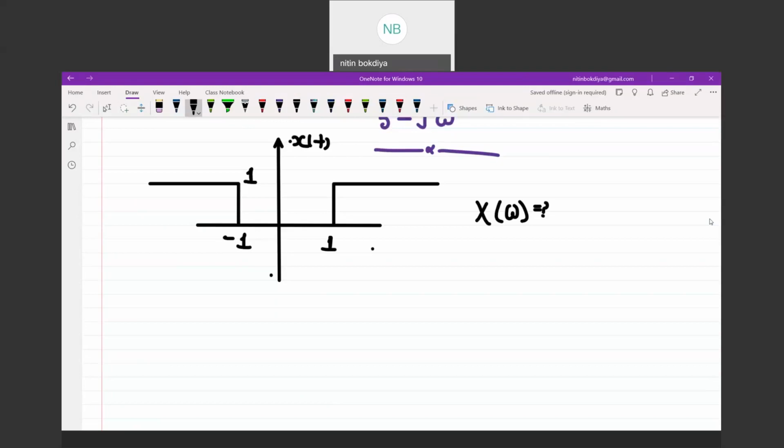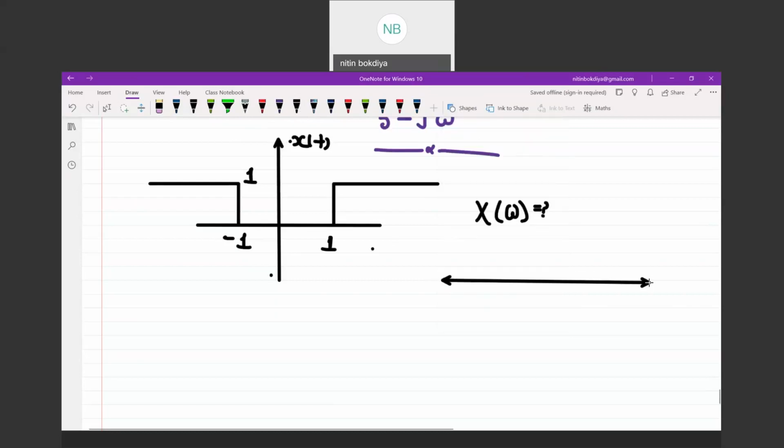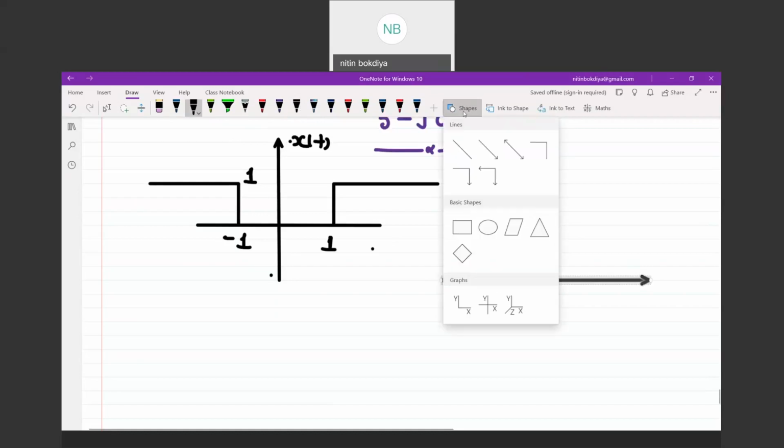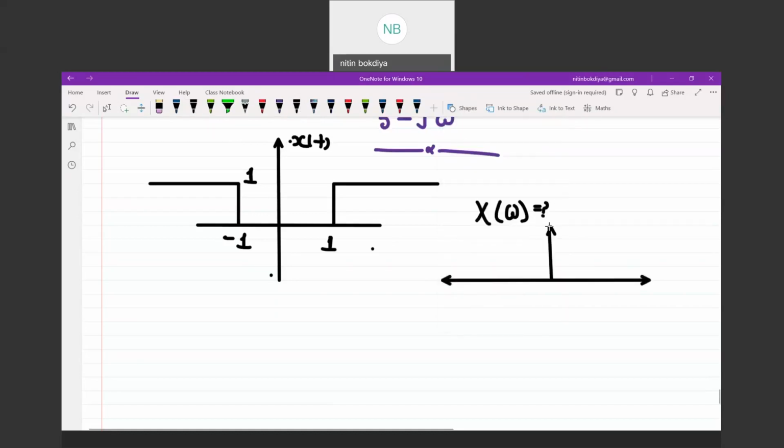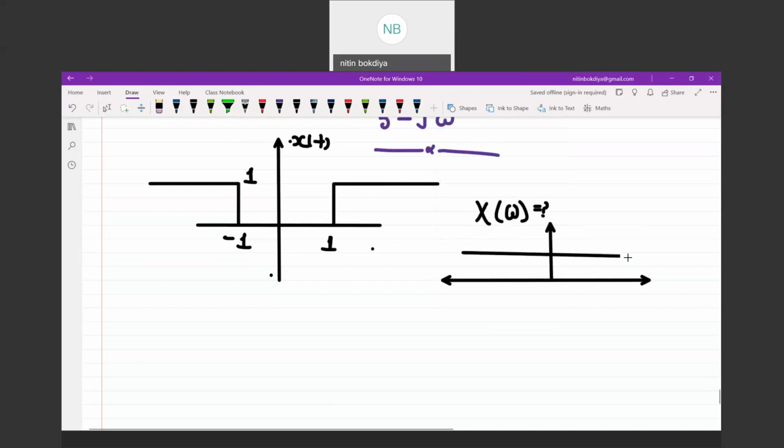So can I write this function x of t as, let's say, this is x1 of t.